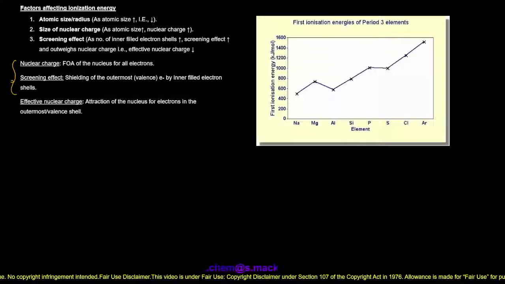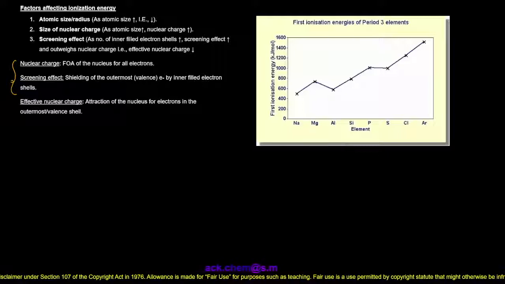Now the atomic size or the atomic radius is a reflection of the distance of the nucleus from the outer shell. This should mean as atomic size increases, we should have more electron shells in our atom. So that gives the greatest impact on atomic size, or causes that increase in atomic size.